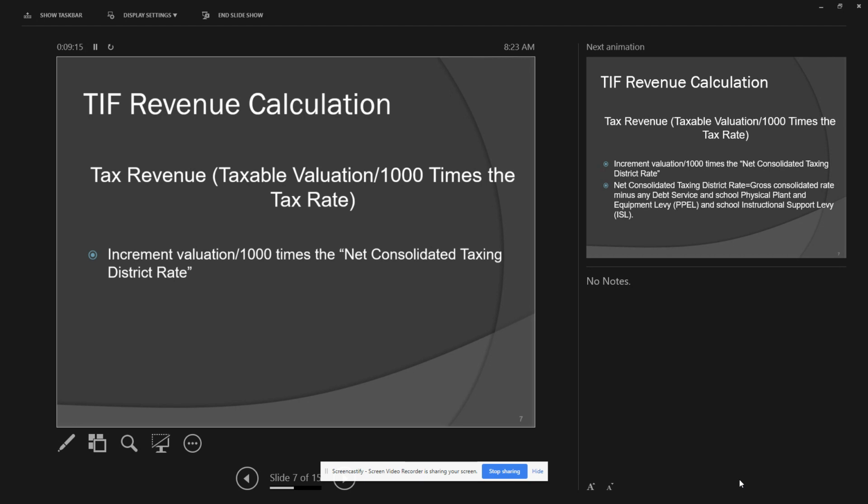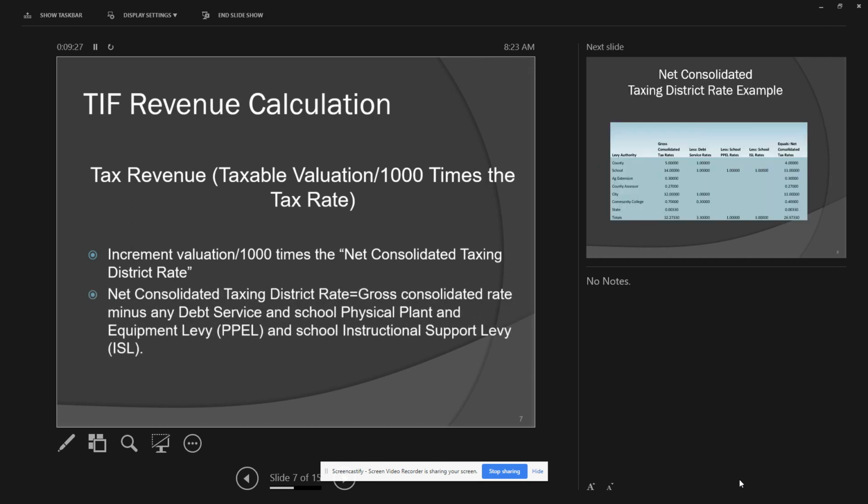So to the city. The city is going to capture the revenue, that diverted revenue from all the other levy authorities' tax rates. But some certain things are protected, and that's where we get that net consolidated tax rate. So the net consolidated taxing district rate is our regular total rate, but we subtract out debt service. So any entity in that area that is using a debt service levy, there's protection for that debt service levy.